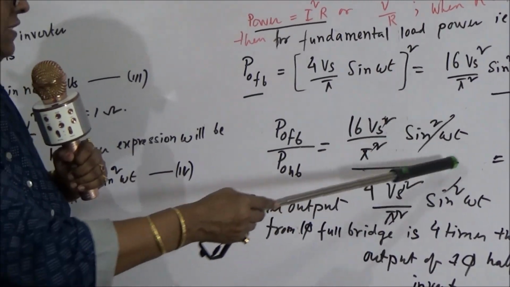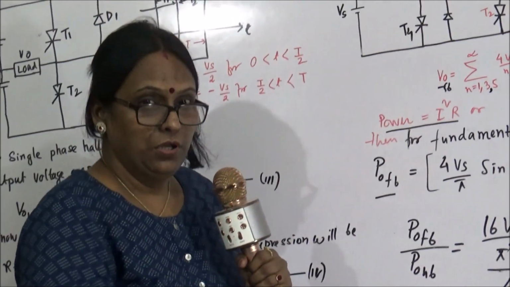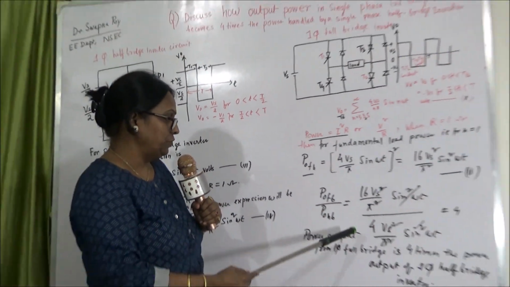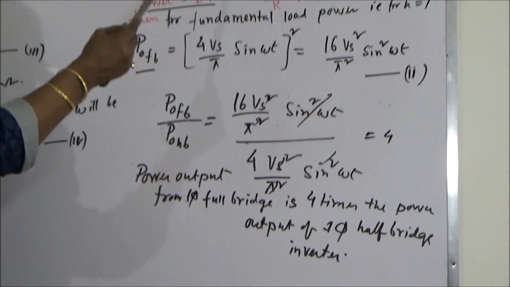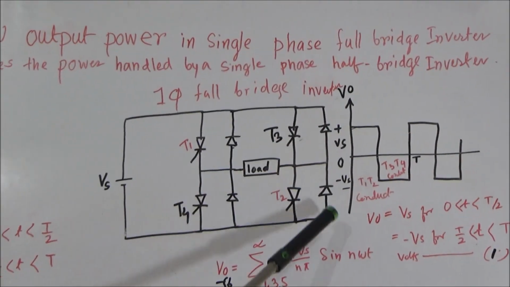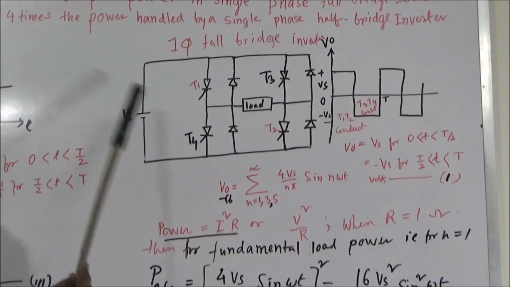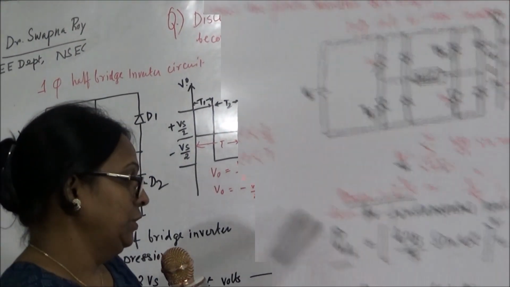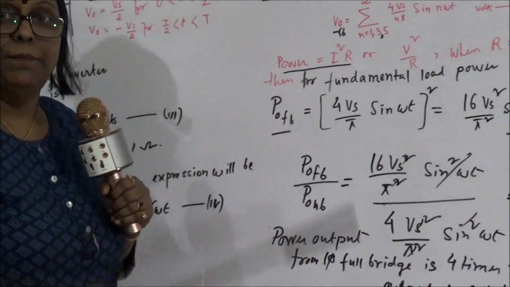Cancelling each other, I get 4. So this proves that the output power of the single phase full bridge inverter is 4 times the output power of the single phase half bridge inverter.